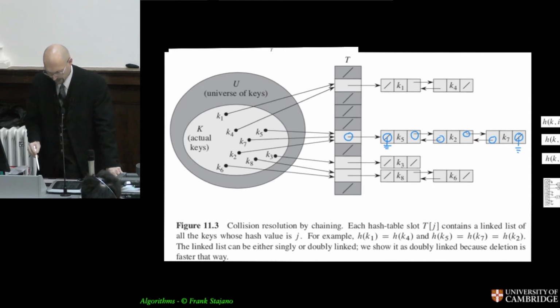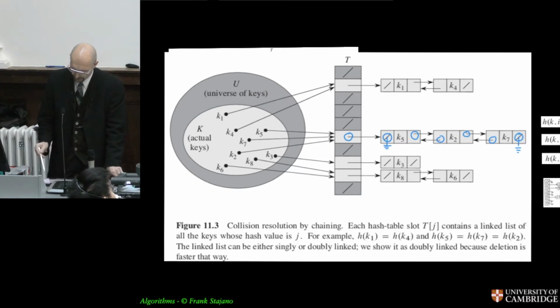changing this pointer. Now, if I only had the forward pointers, if I say, please delete this, I would have to start again from hashing this K7, finding that it goes to this slot, and then following this through until I found someone whose next pointer was K7, the node with K7.